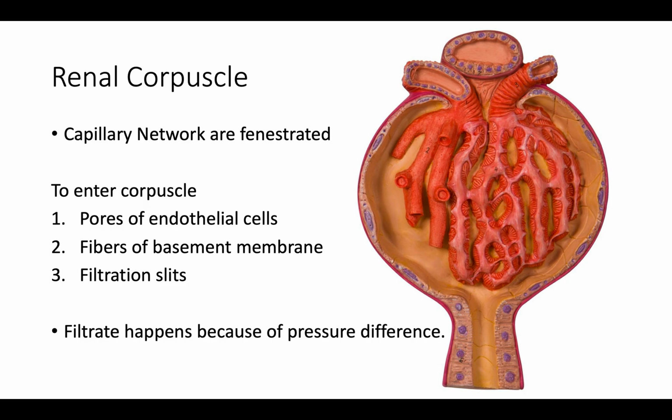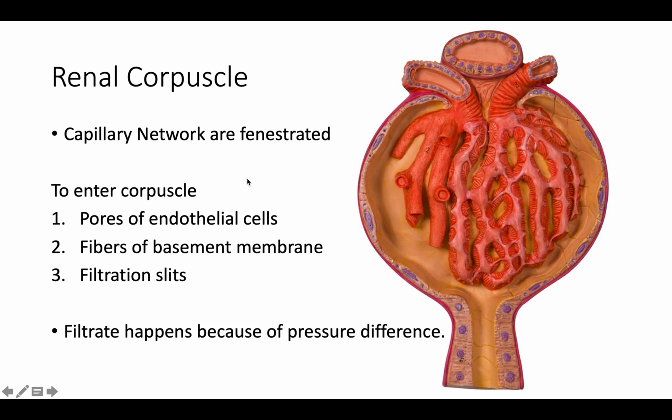The renal corpuscle, this here is what we're talking about. You're going to have Bowman's capsule around here, and your glomerulus, or the capillaries, in here. The capillary networks are going to be fenestrated.